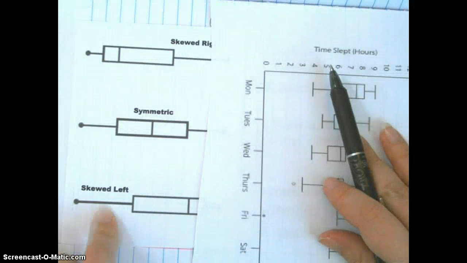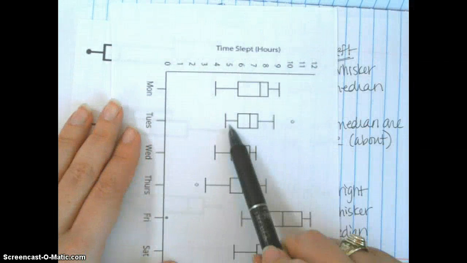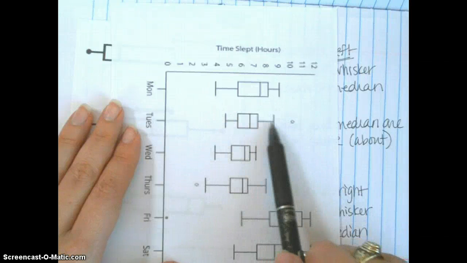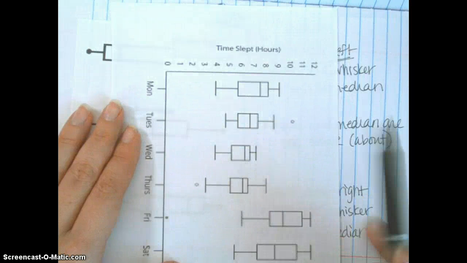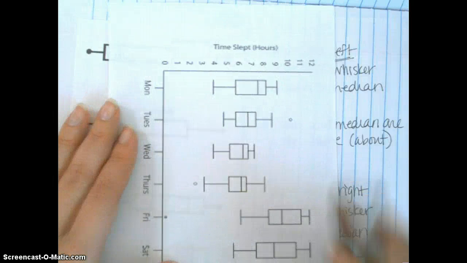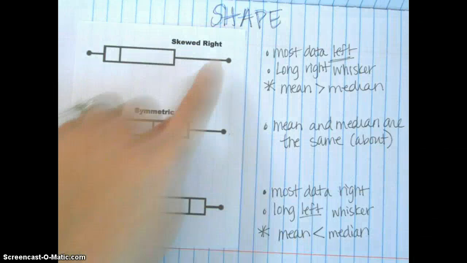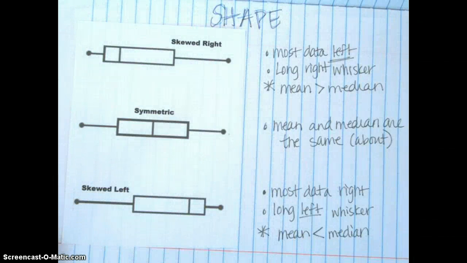It's skewed to the left. This one is actually pretty close. It's close to symmetrical. Longer left whisker. These are all pretty much skewed to the left. So whichever side has the longer piece, that's the way it's skewed. All right, make sure that you have all of this and you're ready to move on to the next DIY. Good luck.